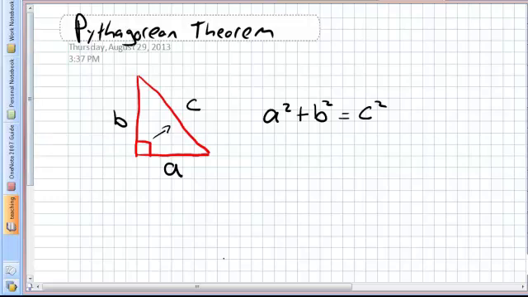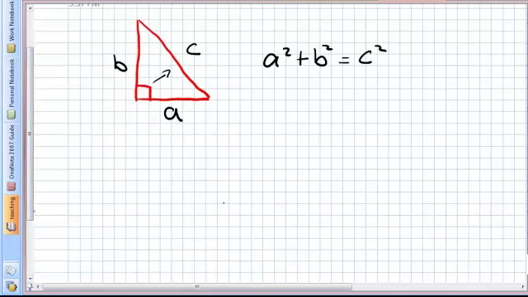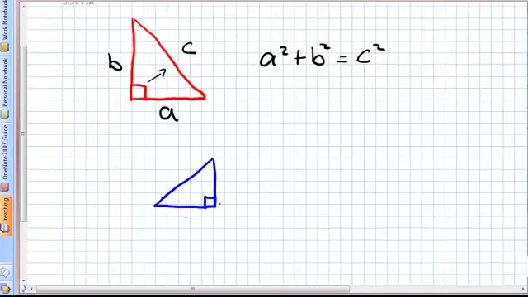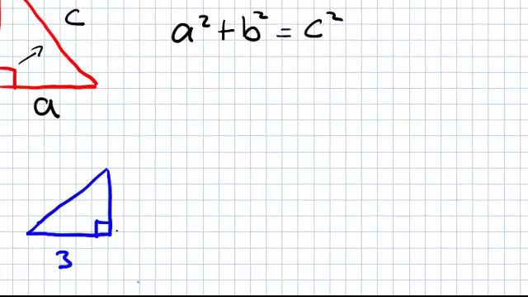So if I were to have a right triangle, we'll have another right triangle here. Right triangles can be drawn in any way. It always has to be a right triangle or else it will not work. Let's say the bottom is 3, and the side over here is 4. What is this third side?